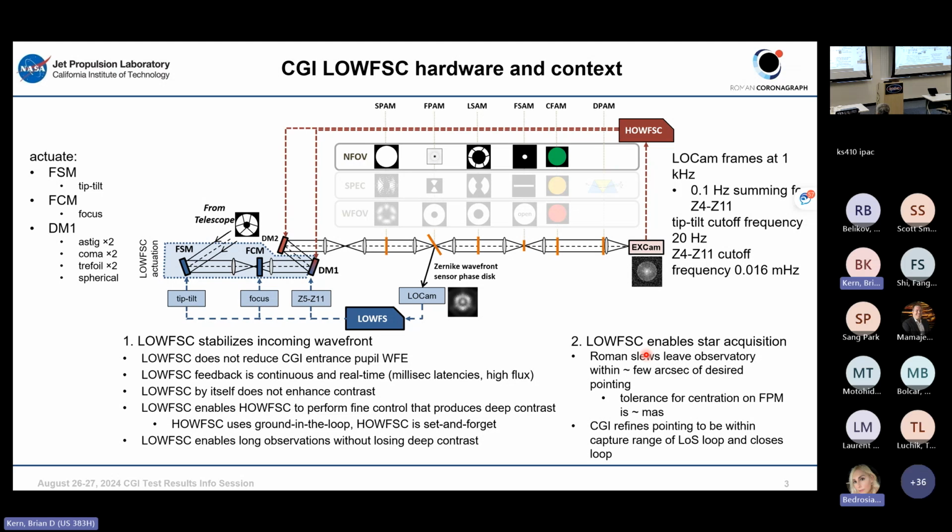And so we use LOAFs as a way to do the fine pointing control that gets us centered on the mask the way that we need. AJ showed us speckle balance, which is a tweak of this fine control. But one of the first things we have to do is establish a handoff between what wide field can do and the type of pointing that we need. So I'll talk briefly about that.